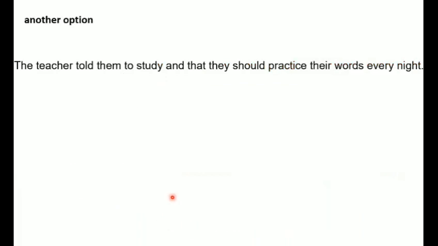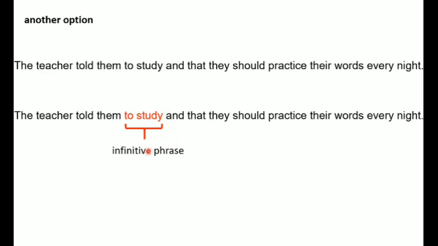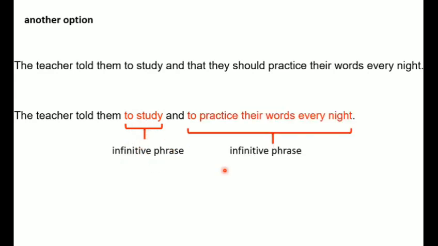Okay. Now we have another option. Let us go back to the original sentence. Our original sentence is the teacher told them to study and that they should practice their words every night. So another option here is, first, we are going to use infinitive phrase. First element is infinitive phrase, to study, and the second element is to practice their words every night.